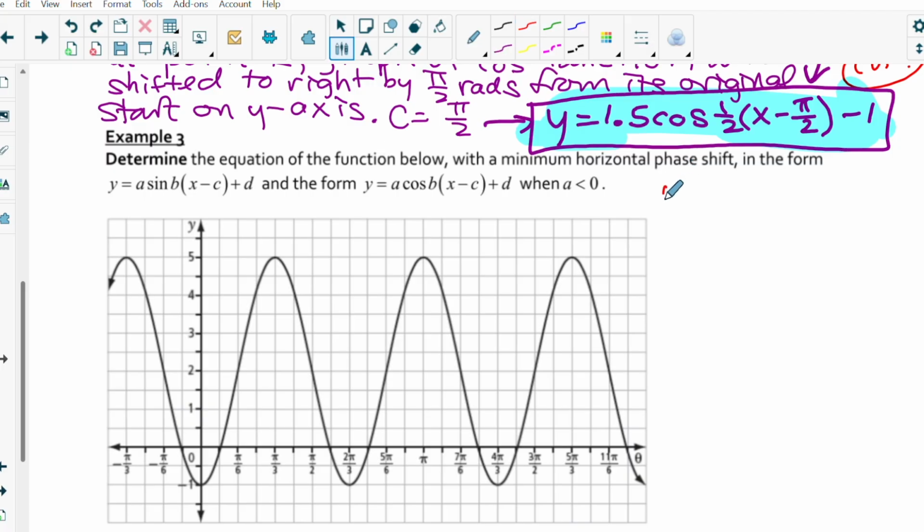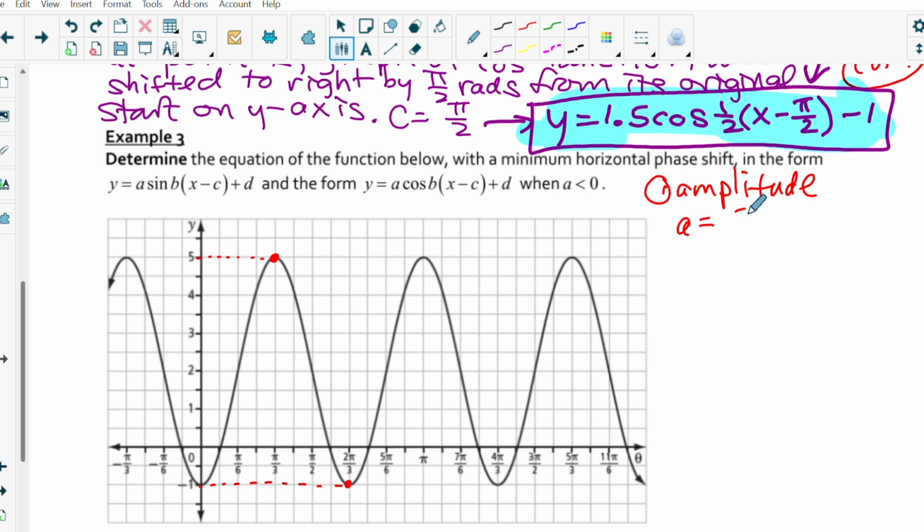So number 1, I'm going to calculate the amplitude. A equals max minus the min divided by 2. So that's the max of 5. There's a min of -1.